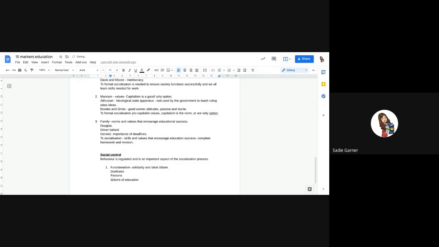Skills needed for work, socialization, etc.